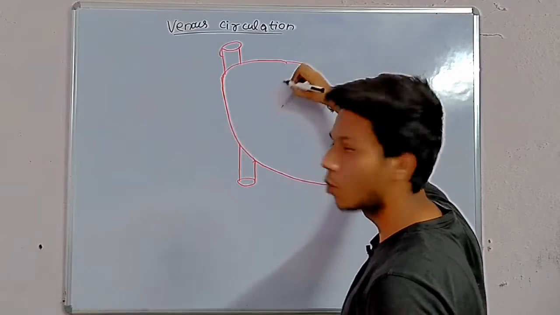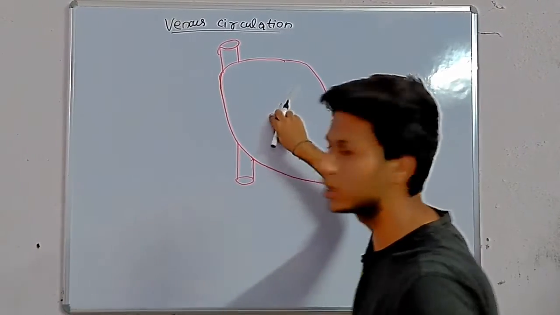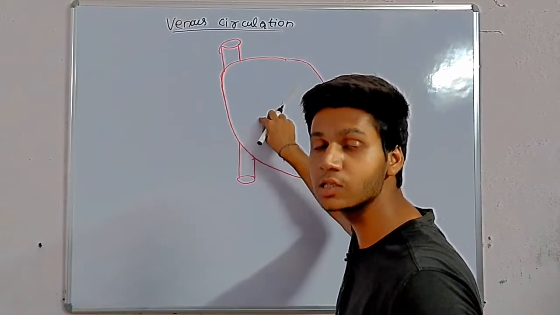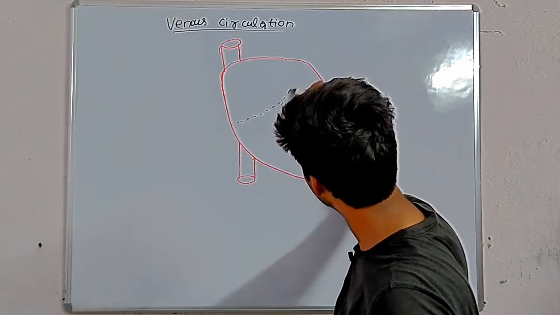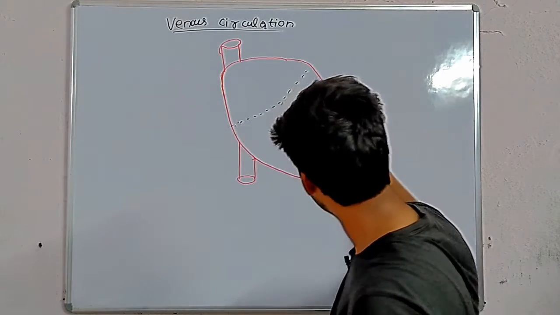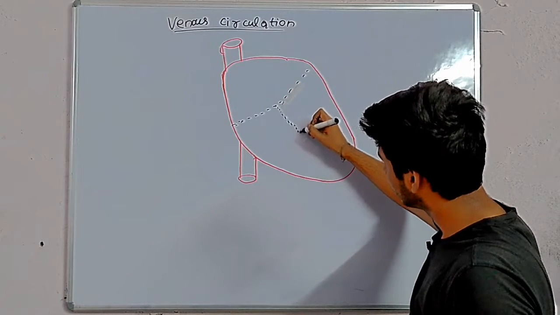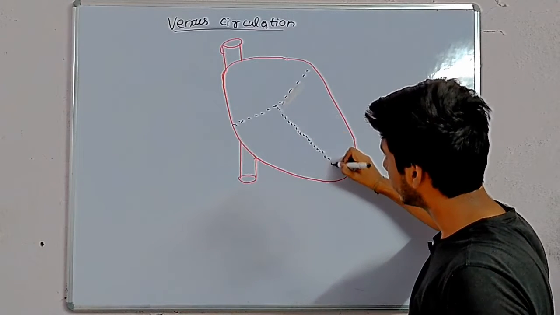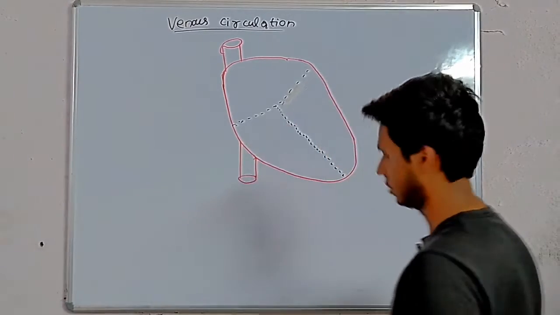This line is the coronary sulcus. The coronary sulcus is also called the atrioventricular sulcus. And this is the apex. This part is the anterior interventricular sulcus, and on the other side the posterior interventricular sulcus.